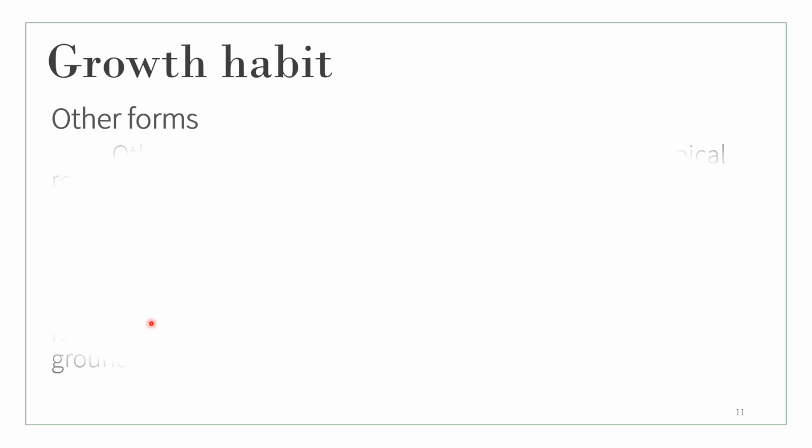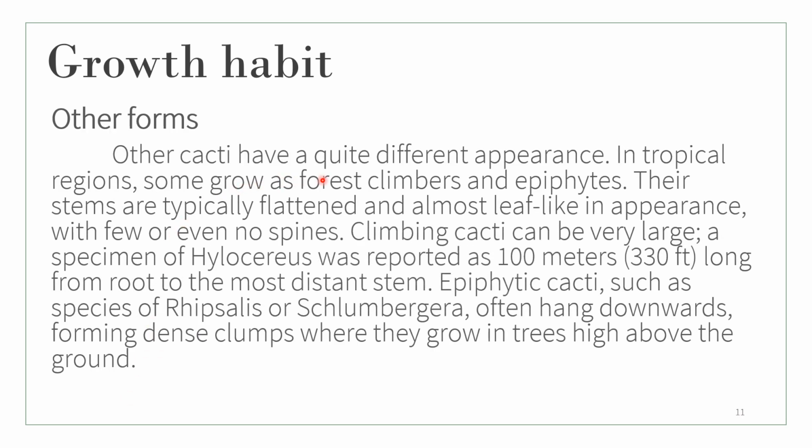Other forms. Other cacti have a quite different appearance. In tropical regions, some grow as forest climbers and epiphytes. Their stems are typically flattened and almost leaf-like in appearance, with a few or even no spines. Climbing cactus can be very large.